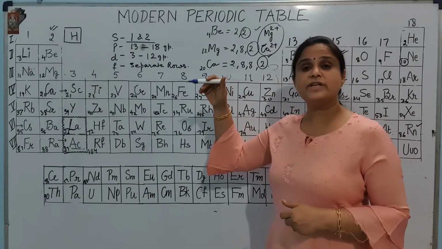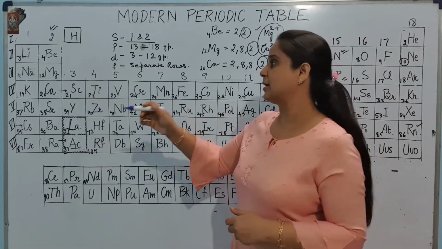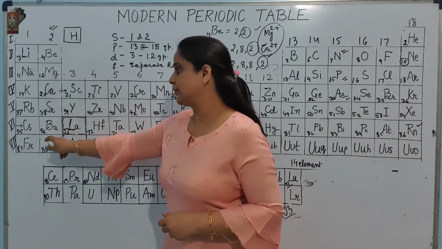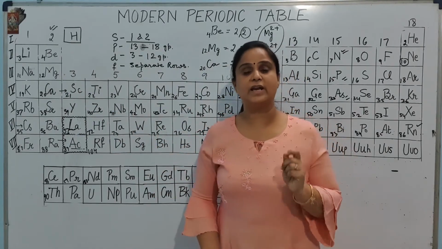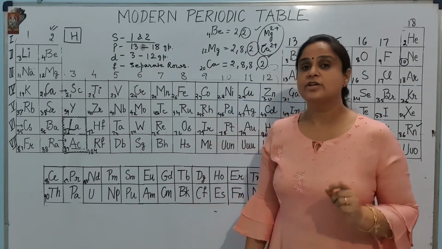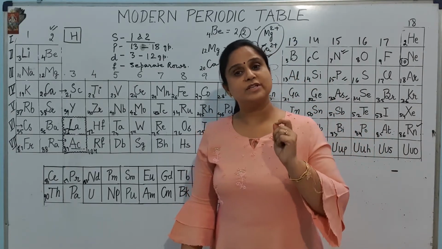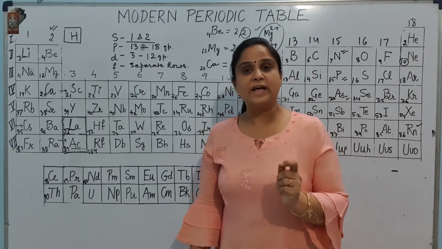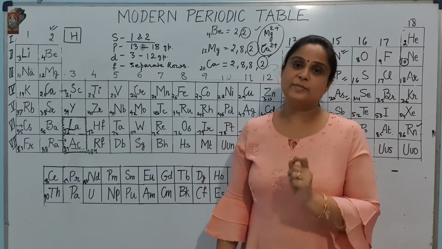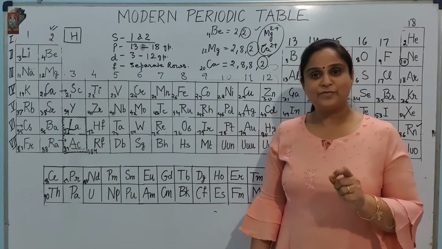Just because they show similar properties and have the same configuration, they are kept in the same group. So the same group indicates similar outermost shell electronic configuration. If you find any element in a particular group, you understand that it will definitely show similarity with the other elements present in that group. I hope it is clear, or I have to take one more example.